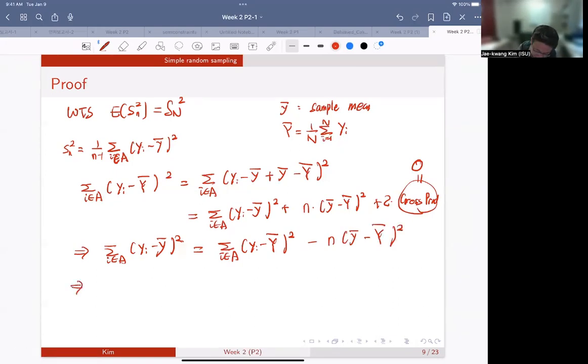So if you take the expectation, then you have an expectation.